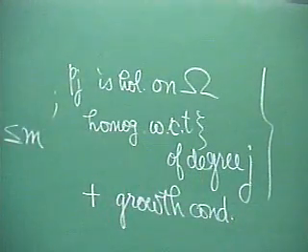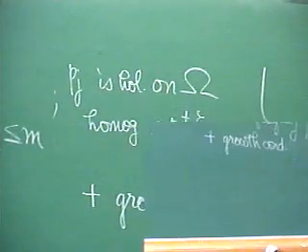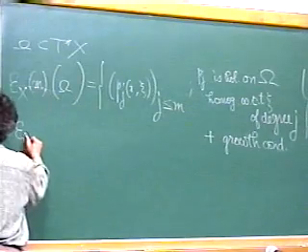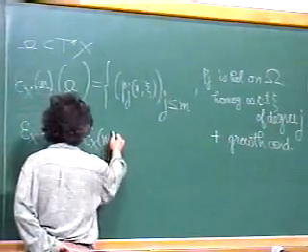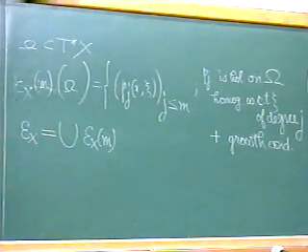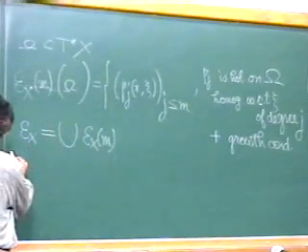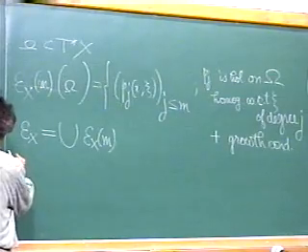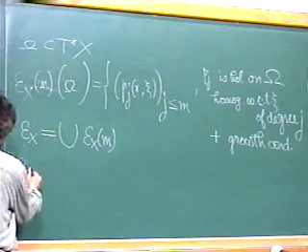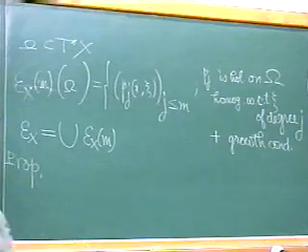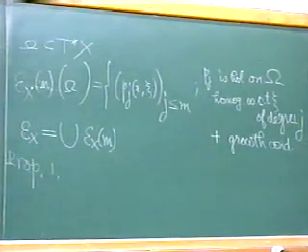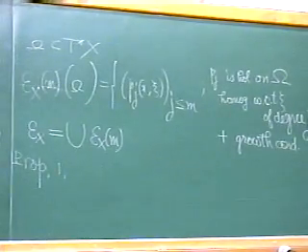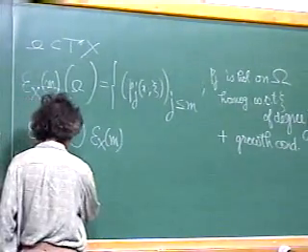So this is the sheaf on omega, and we just consider EX, EXM. And in fact, the definition uses the coordinate system, but in fact it does not.